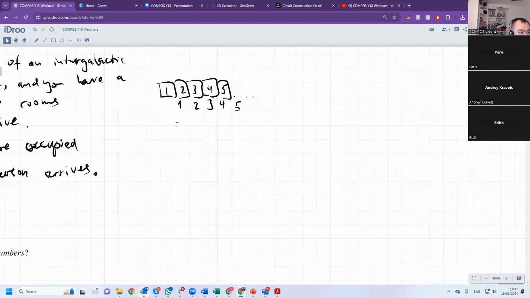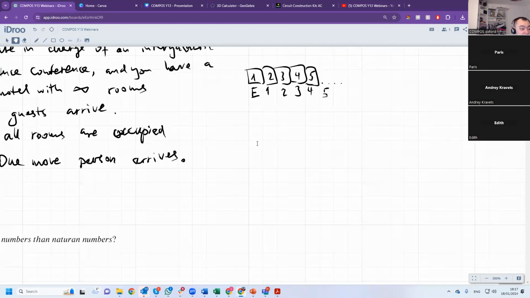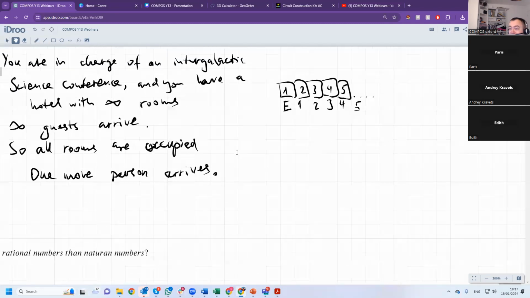Now the first room is empty, so this extra person comes into room 1. Person 1 goes into room 2, person 2 goes into room 3, etc. So everybody has their keys, and you know where everybody is staying.